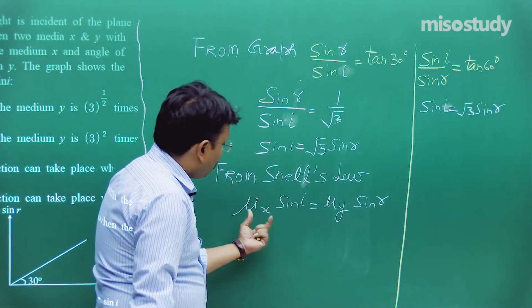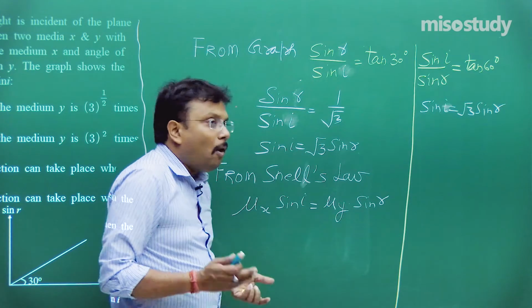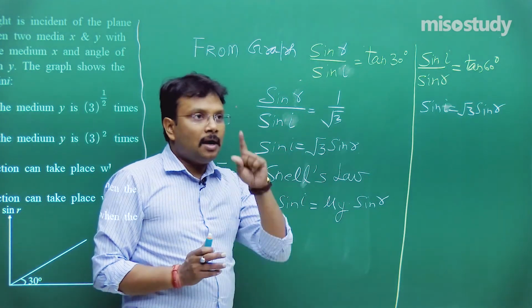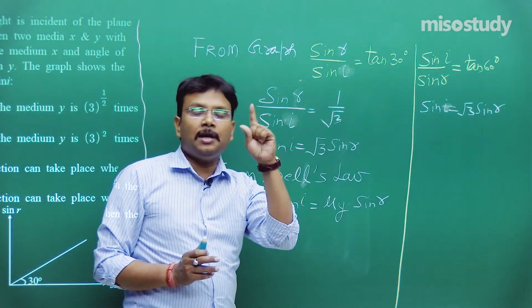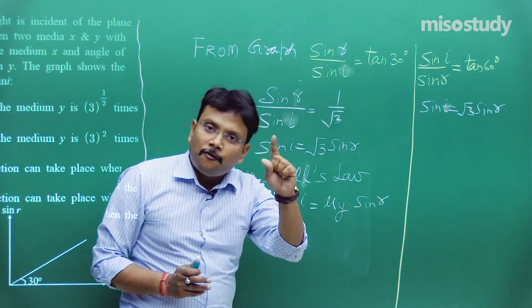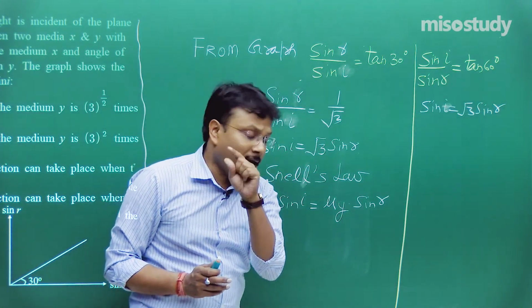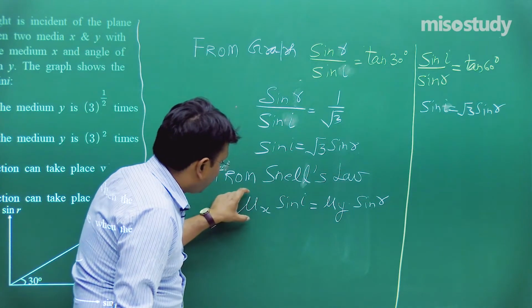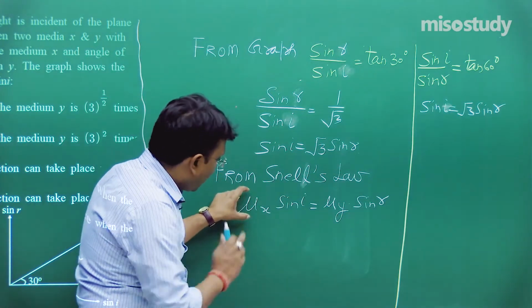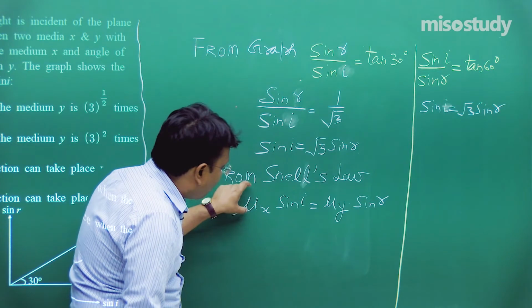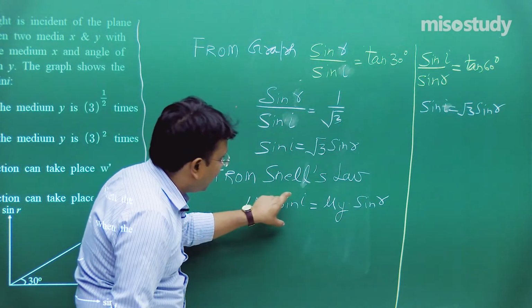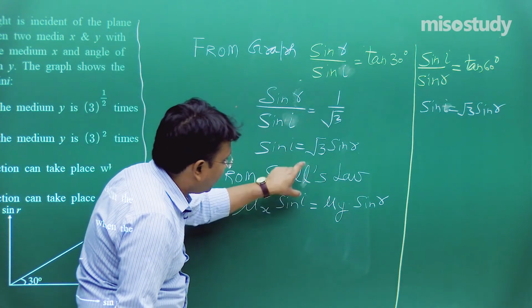Fine. Now see, this mu is what? Mu is the ratio of the speed of light in vacuum to the speed of light in the medium. Fine. So in place of mu x, what can I write down? I can write down c upon vx, and in place of sin I, what can I write down?